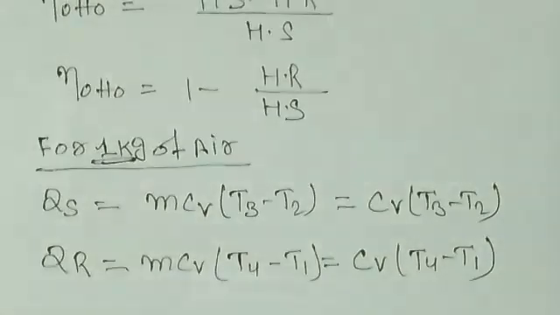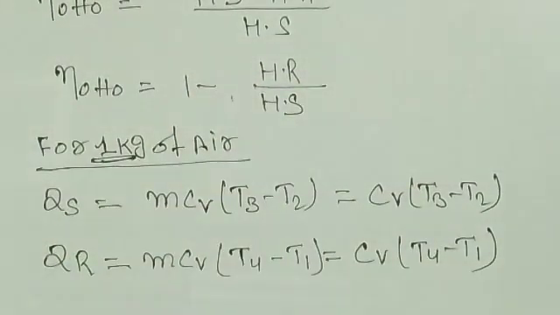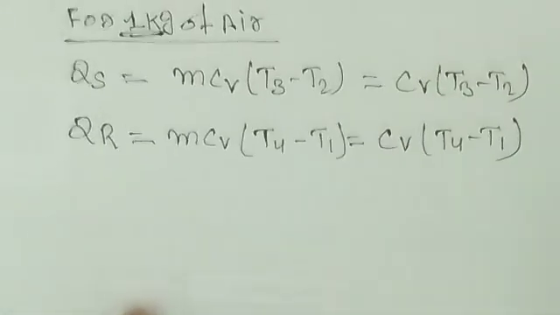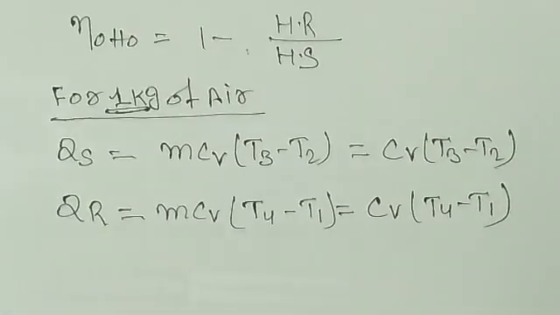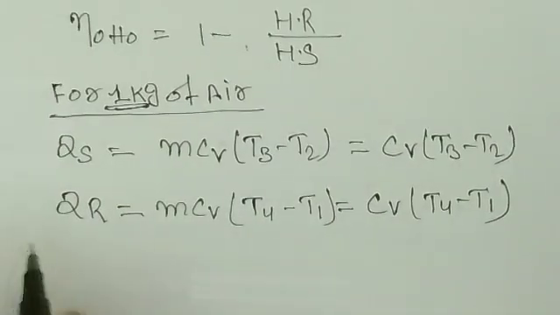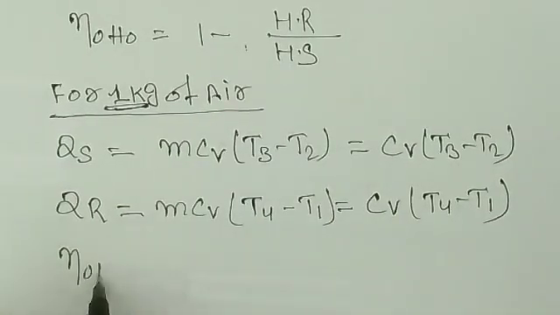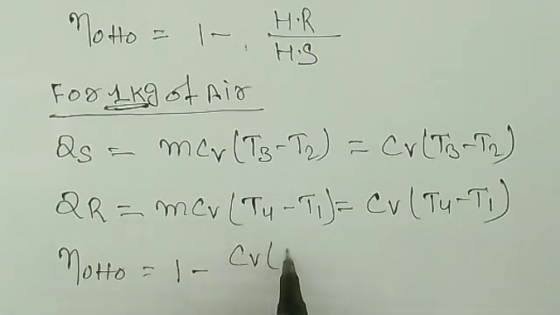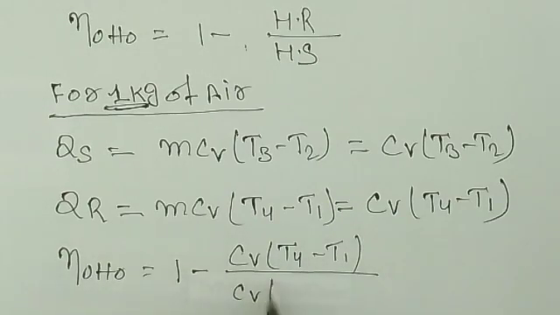Okay, these values we will substitute into this equation. The equation will become like this: eta Otto is equal to 1 minus CV (T4 minus T1) by CV (T3 minus T2).